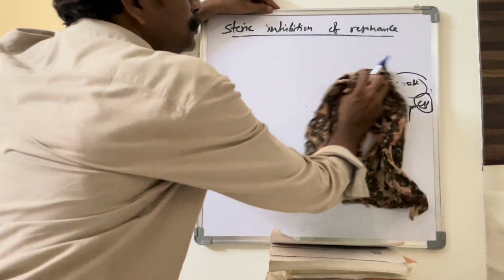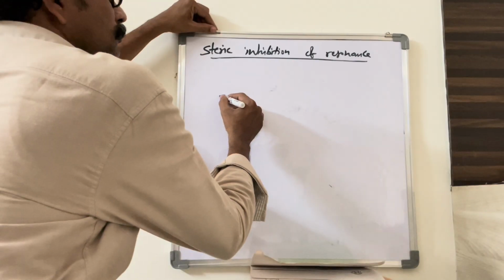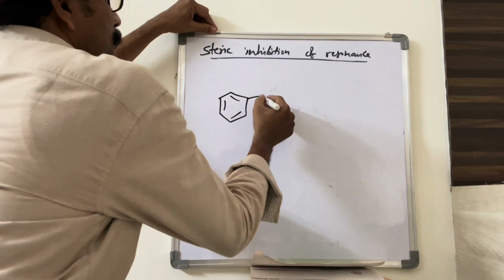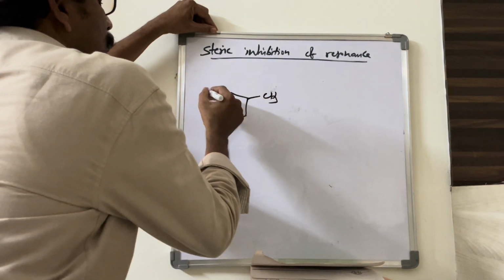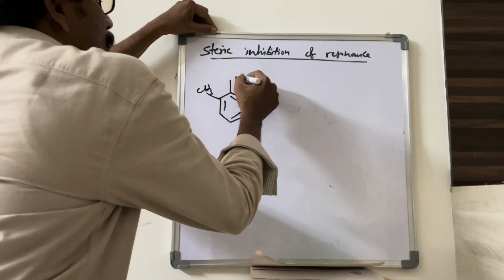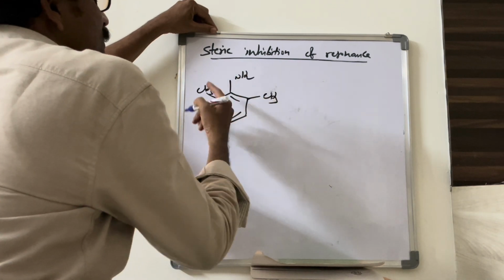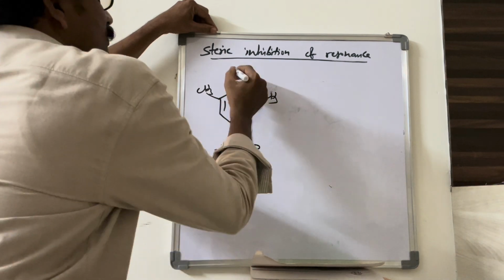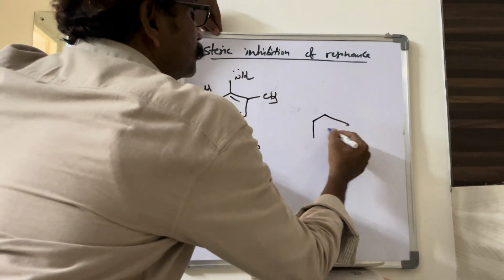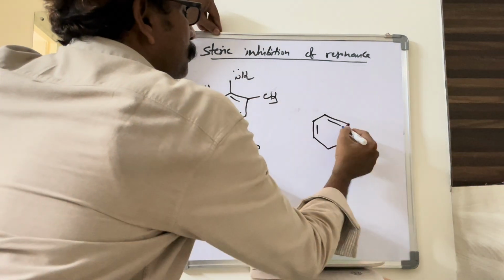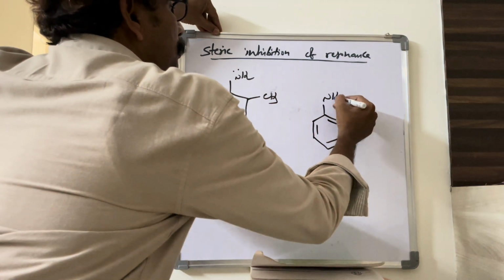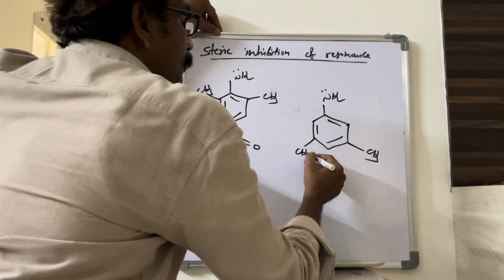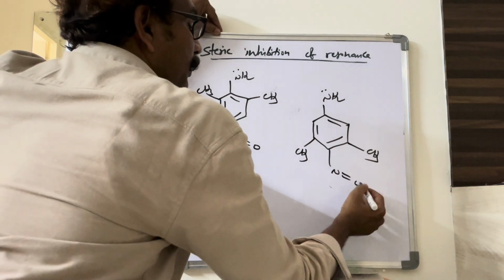Similarly, consider 2,6-dimethyl-4-nitroaniline, this one, and 3,5-dimethyl-4-nitroaniline.